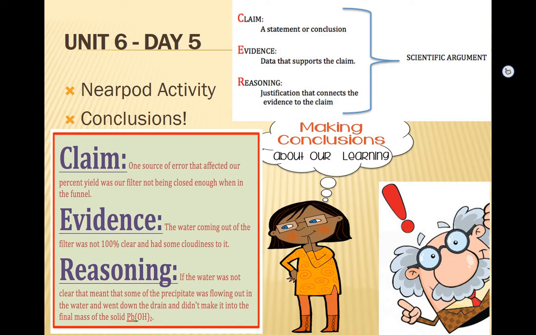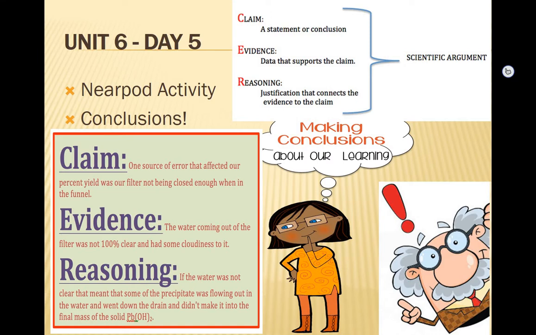When we do our conclusions in the next unit, what we're going to be doing is we're going to give you a question that in your claim you need to answer with what we did in the lab. So that sort of helps you a little bit more, because what we're seeing in your claims are you're claiming not very strong things, not things that you can prove from the lab.